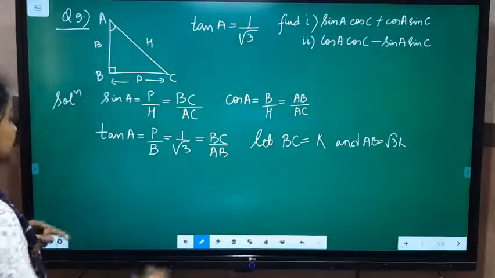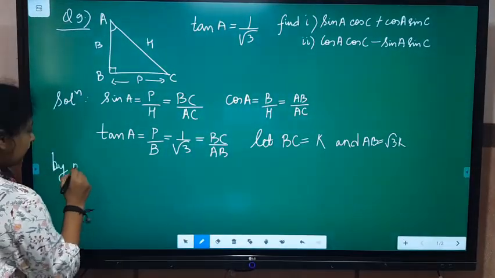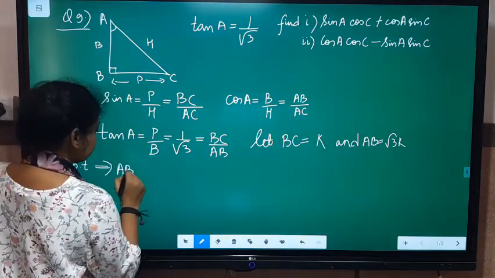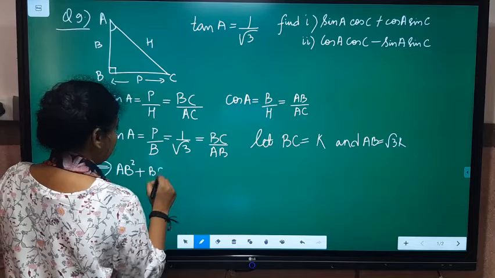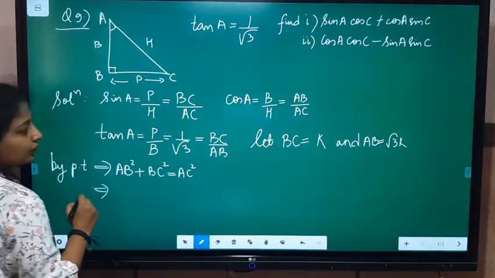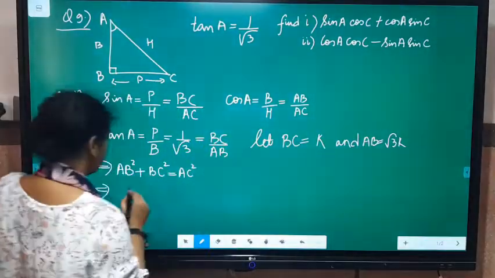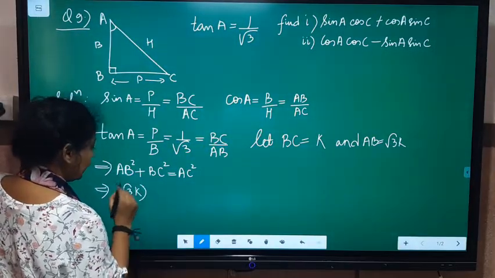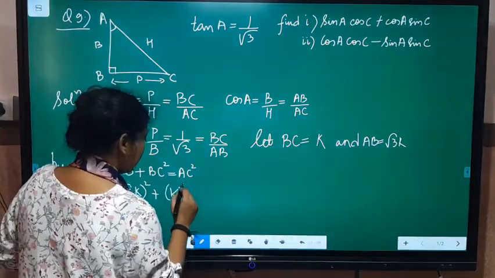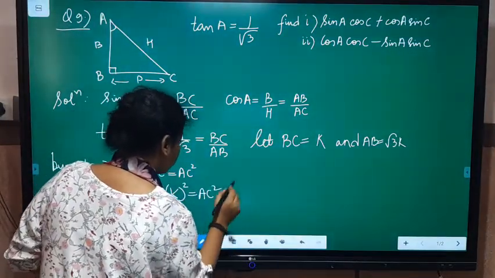Again we can apply the Pythagoras theorem. So by Pythagoras theorem, we can write AB square plus BC square equal to AC square. What is the value of AB? Under root 3K. So under root 3K whole square plus, what is the value of BC? K whole square equals AC square.